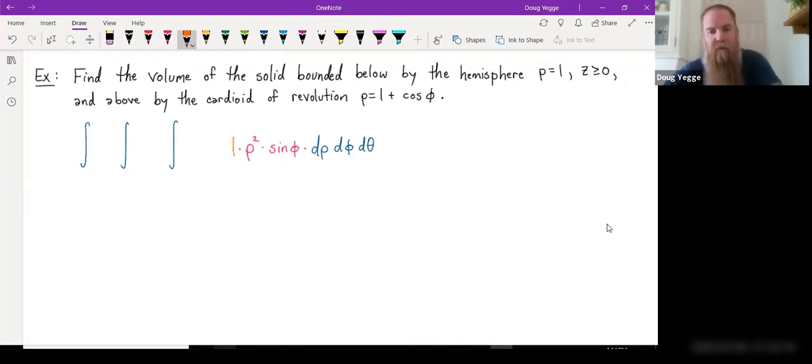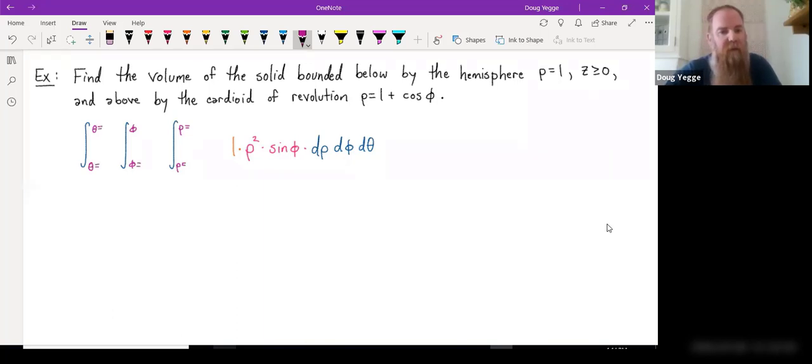We're finding the volume, so we're just integrating 1 dv. So now that means that we need to fill in our rho values here. And then we need to fill in our phis. And we need to fill in our thetas. Now, like I said, we could have interchanged theta and phi if we chose to, but we're just going to keep it as is here.